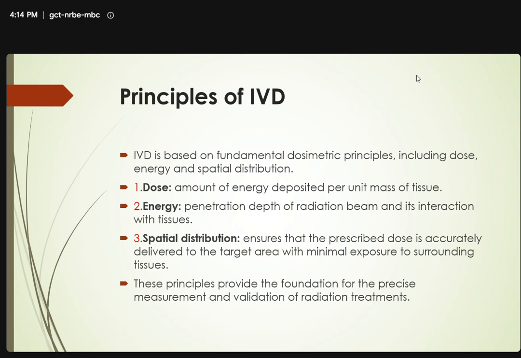And spatial distribution ensures that the prescribed dose is accurately delivered to the target area with minimal exposure to surrounding tissues. So these three principles provide the foundation for the precise measurement and validation of radiation treatment.